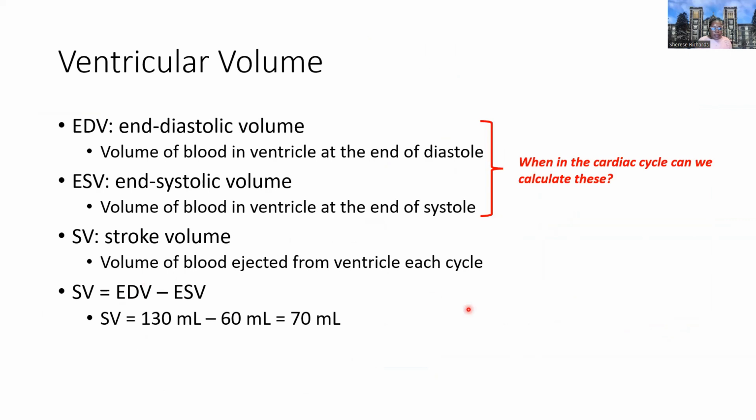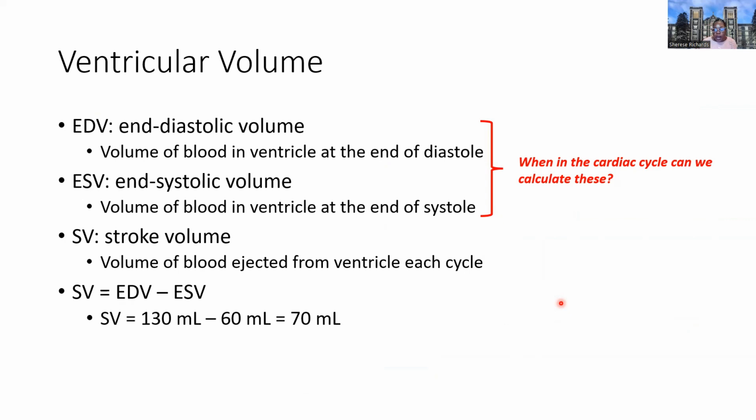Now, the other two volumes we want to think about are stroke volume. So stroke volume is basically the amount of blood ejected from the chamber. And this is not a measured volume. This is a calculated volume. So if we have end diastolic volume, the total amount filled, and we have end systolic volume, the total amount after we eject, we can calculate how much was actually ejected.